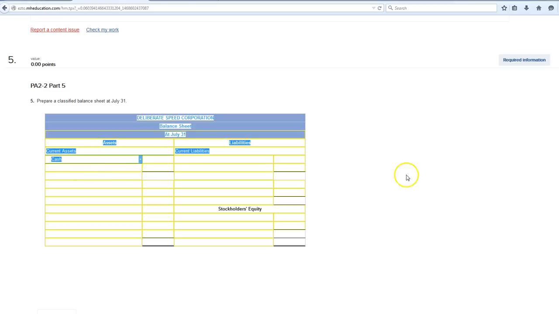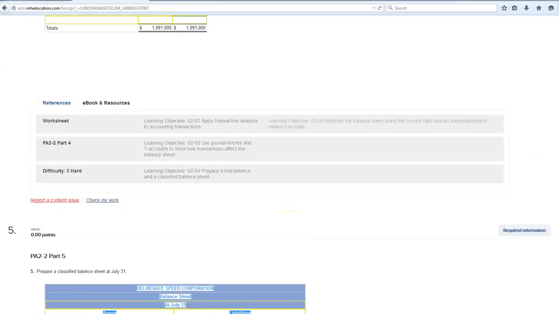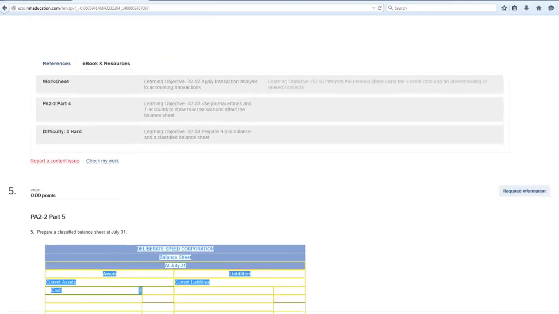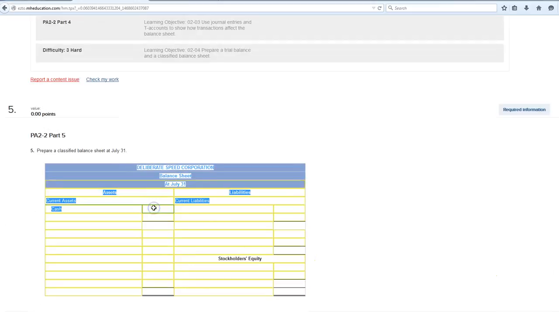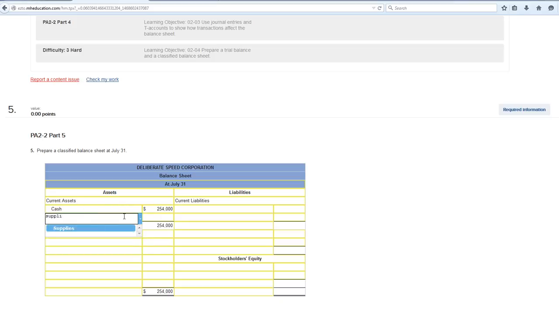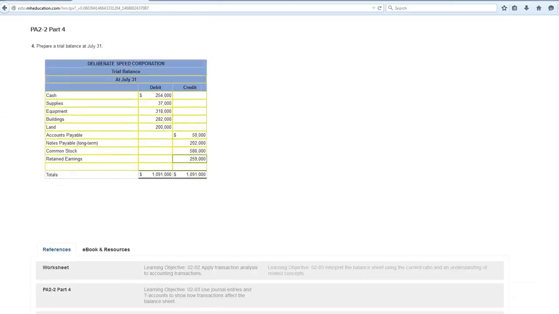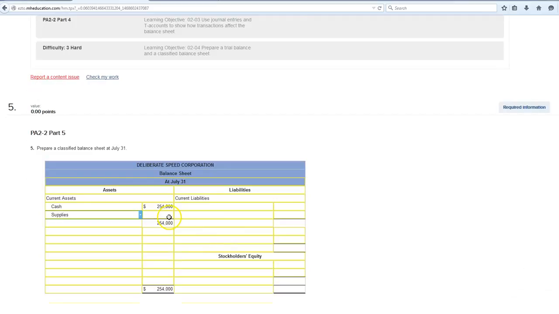There we go, cash. And the amount of cash from the trial balance there is $254,000. Supplies was the other. Try again. Once in a while, Connect causes trouble. And the amount of supplies from the trial balance is $37,000.